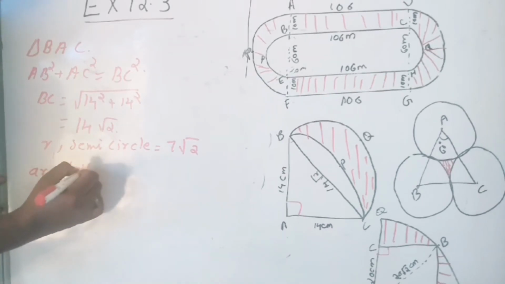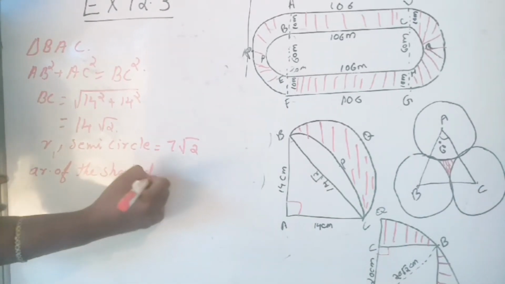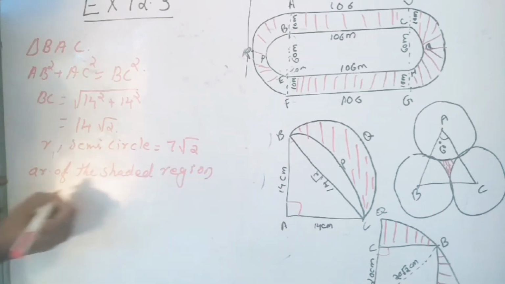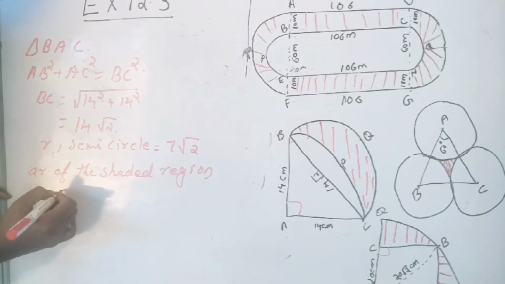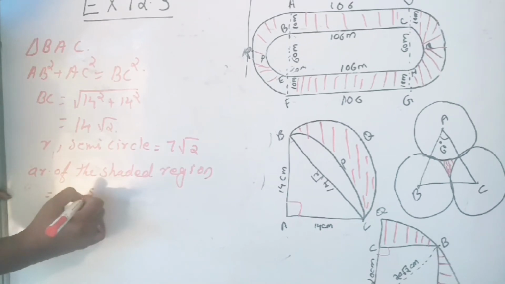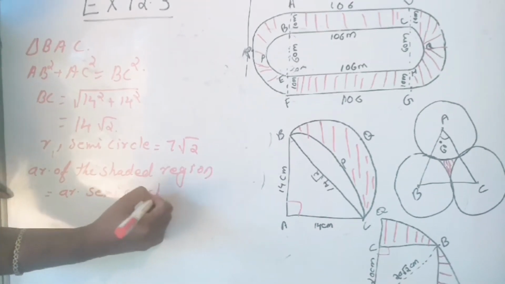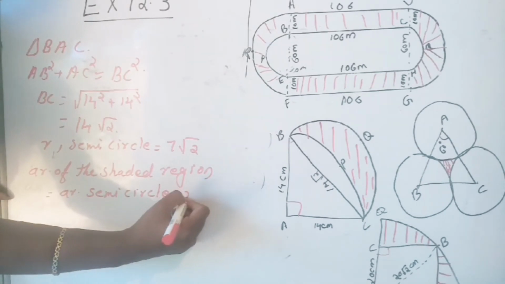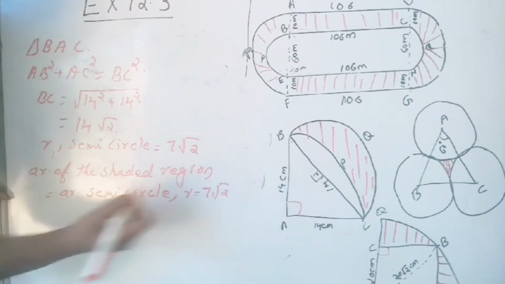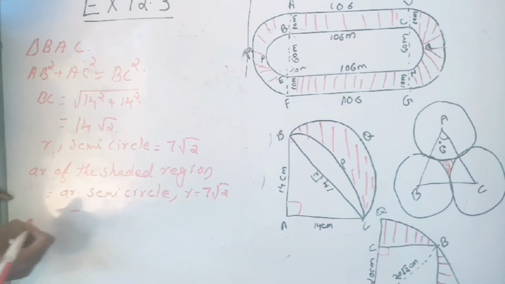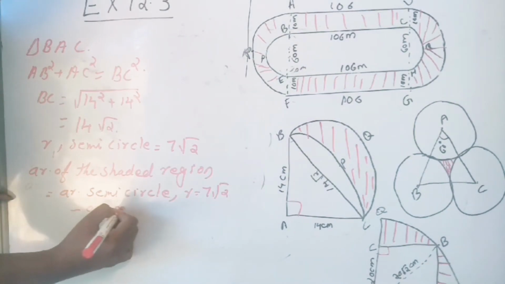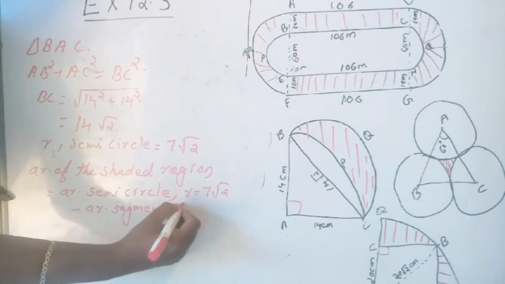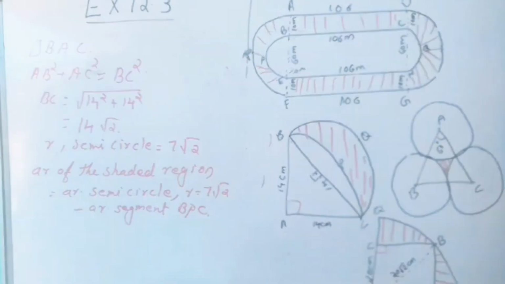Area of the shaded region is equal to area of the semicircle with radius 7 root 2 minus area of segment BPC.